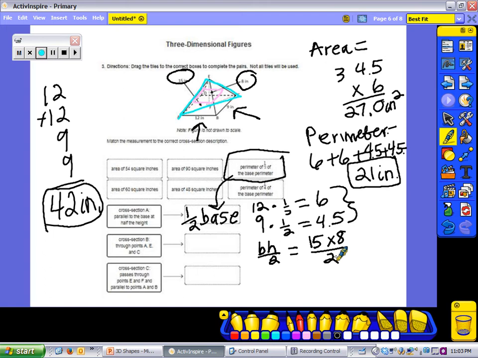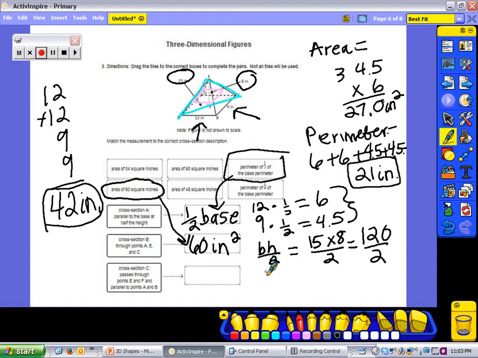And we get 120, and of course if we divide that by 2, we would get 60. Okay, so 120 divided by 2, and we get an answer of 60 inches squared. So that would be this tile here. We would have to move that here.